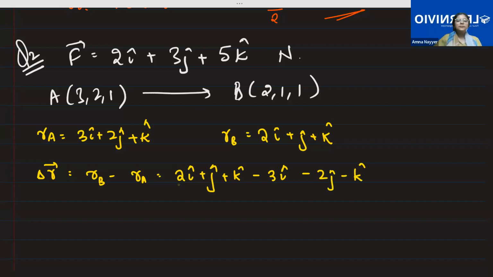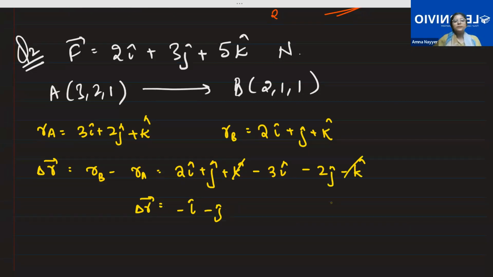So 2i cap minus 3i cap gives minus i cap, j cap minus 2j cap gives minus j cap, and k cap minus k cap is 0. So you have the displacement vector with you.